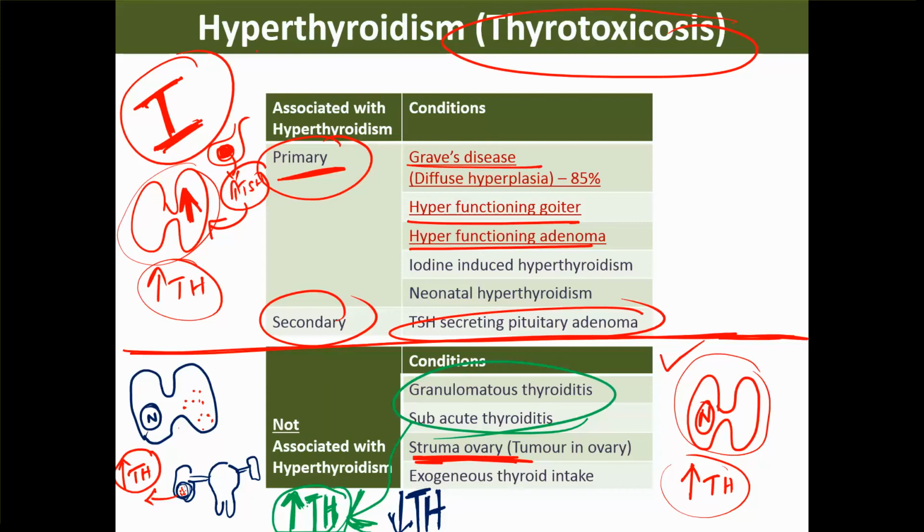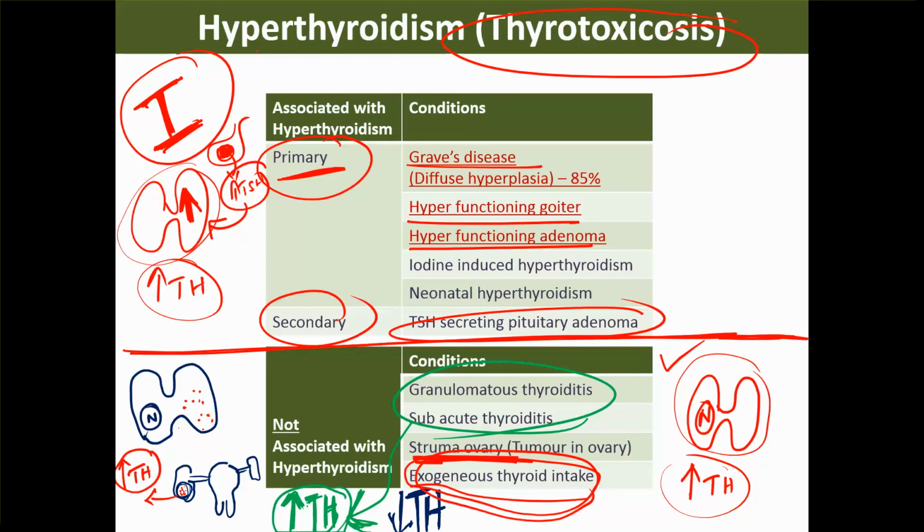Now, sometimes, actually not sometimes, we give thyroid hormone as a drug for hypothyroid patients. So if they take too much of a dose, that will lead to hyperthyroidism. Okay, these are the conditions where the thyroid gland's functioning is normal, but other reasons are causing the increase in the thyroid hormone.